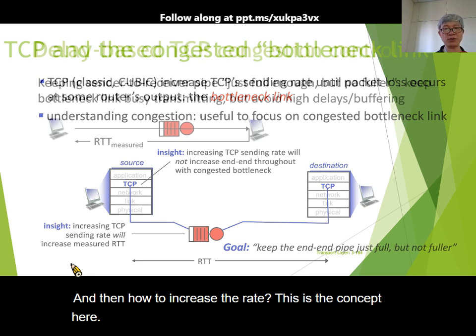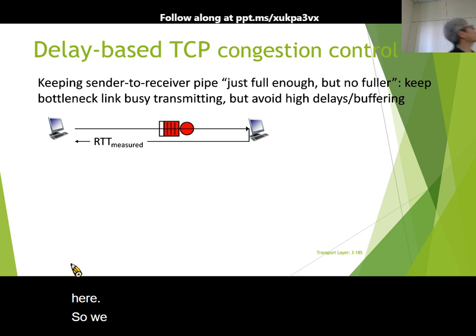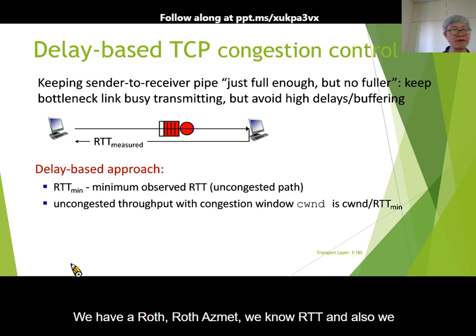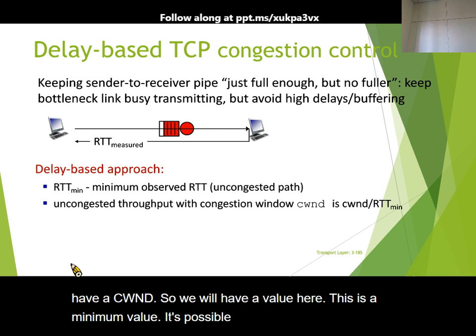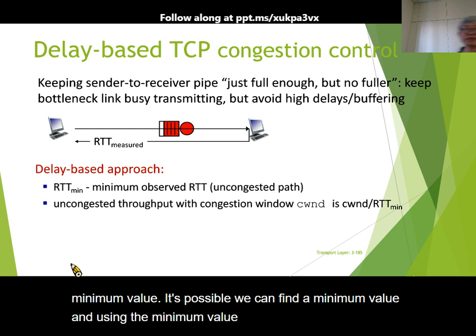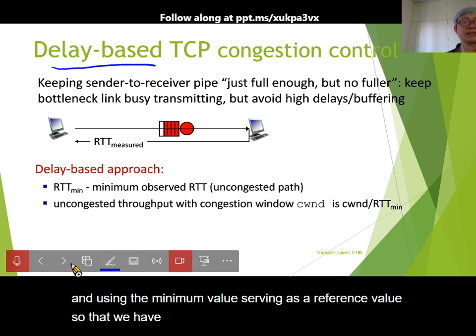So we want to know this. We have a rough estimate, we know the RTT, and also we have the CWND, so we will have a value. This is a minimum value. If possible, we find the minimum value and use it as a reference value. So we have this version, delay-based TCP congestion control.